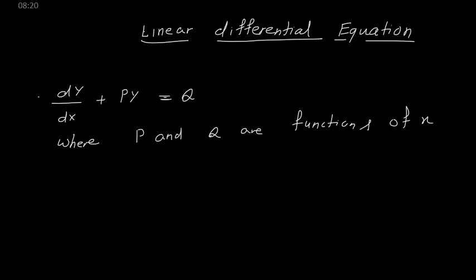So your right hand side should not include any y term, and on the left hand side p should be some form of x. That means there is only one y. Then you will say that this equation is a linear differential equation.